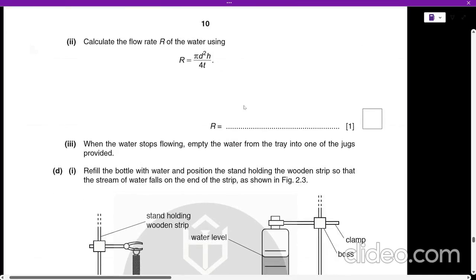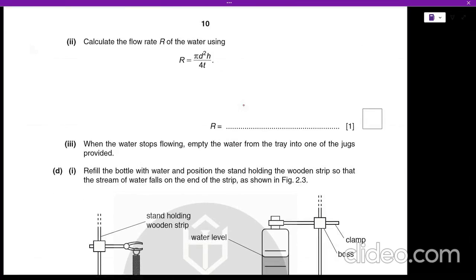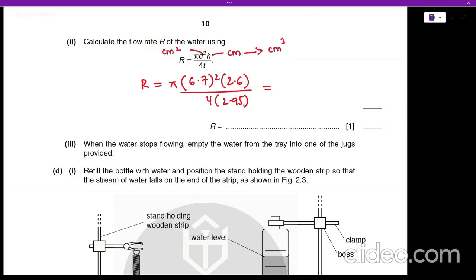Now we are going to be calculating the flow rate R of the water using the diameter, the T and the H. So R is going to be pi into D squared into H, divided by 4 into T. The D was, I believe, 6.7, then squared, into 2.6, and then divided by 4 into 2.95. So the units will be centimeter, centimeter, squared, so it will come out as centimeter cube divided by second.